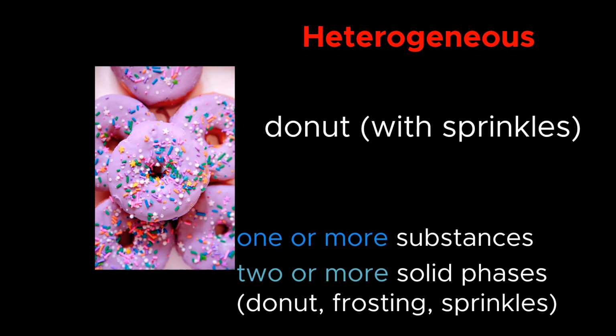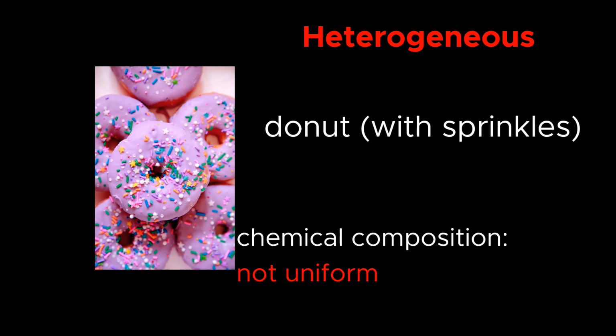A donut has more than one substance, ingredient, and it also has two or more phases, different regions of matter. The donut, the frosting, and the sprinkles all have different chemical compositions compared to one another. The chemical composition is not uniform, and the sample is heterogeneous.